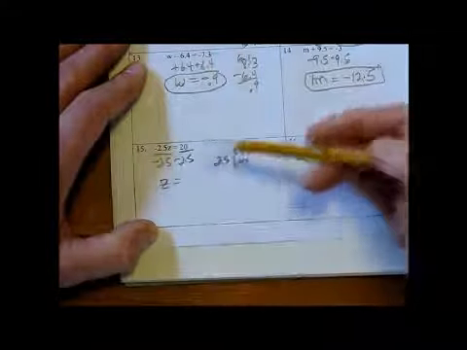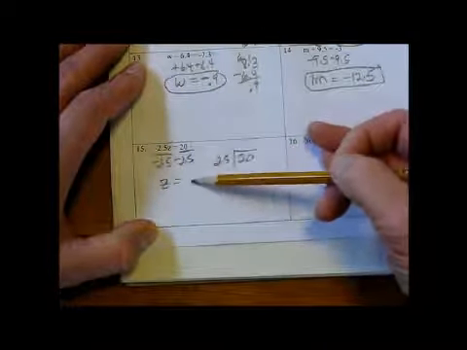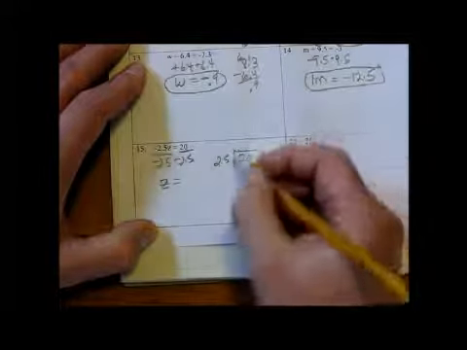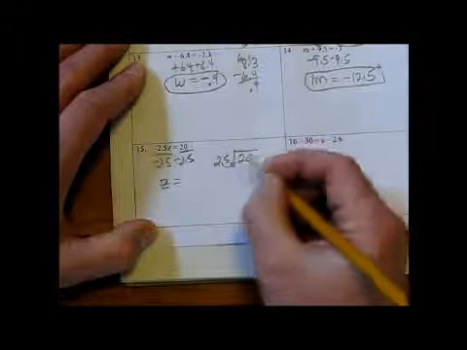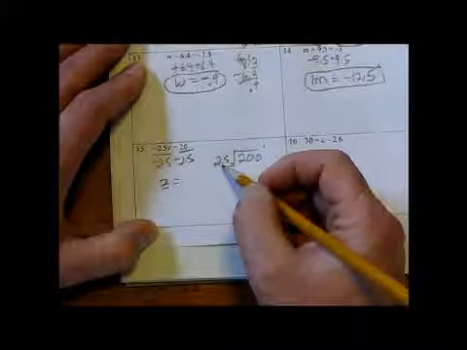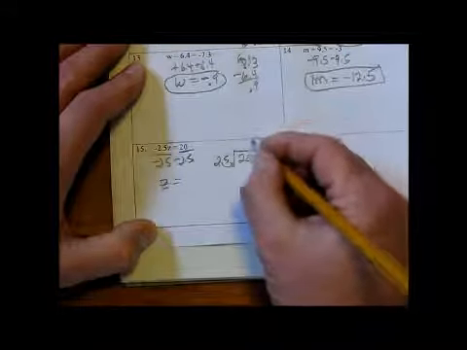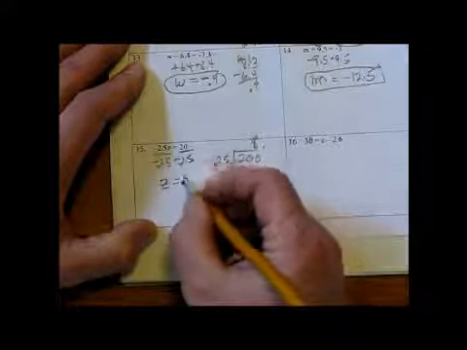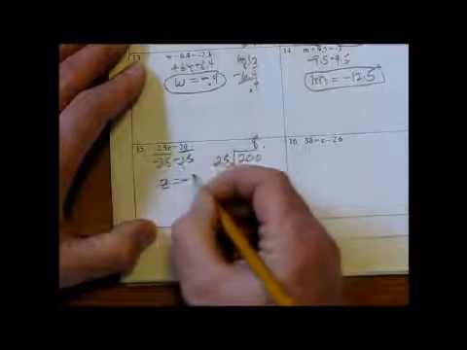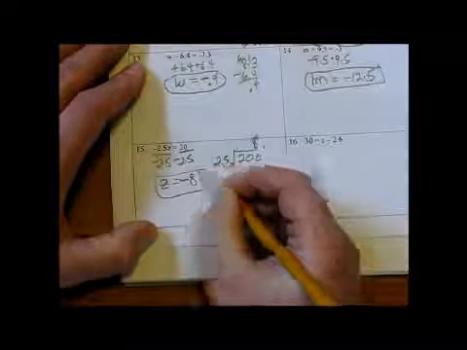I know my answer is going to be negative because a positive divided by a negative is a negative. But I need to figure this out, so I'm going to move this over 1, going to move this over 1, and now I want to know how many times 25 goes into 200. Think of how many quarters are in $2, and you get 8. And you get 8 is z, but we remember that it's a negative number, so negative 8.